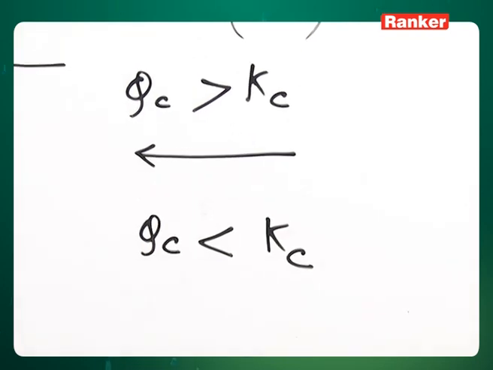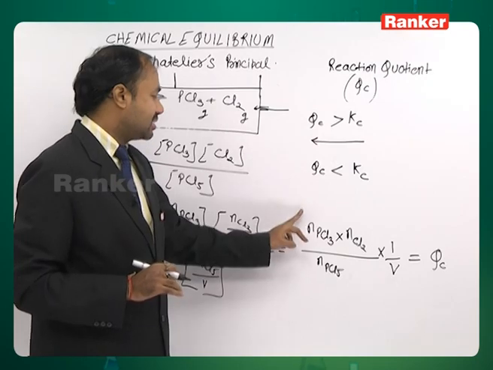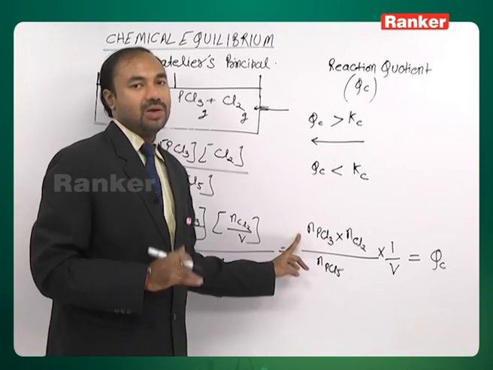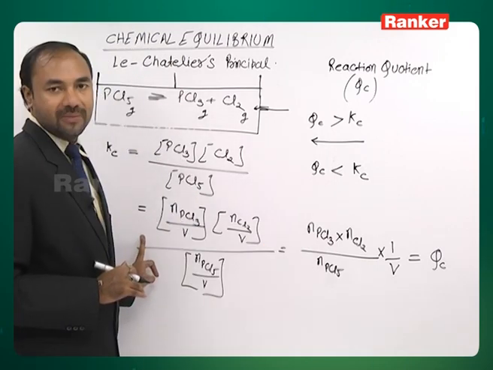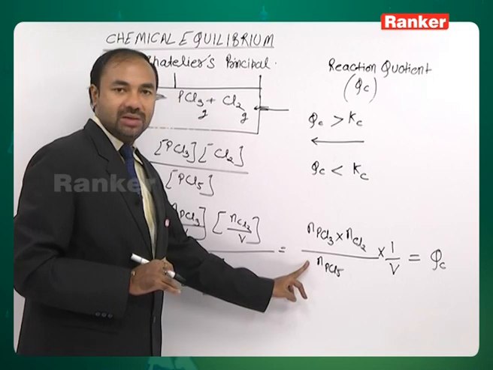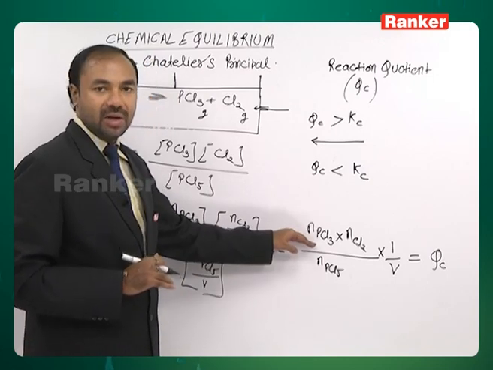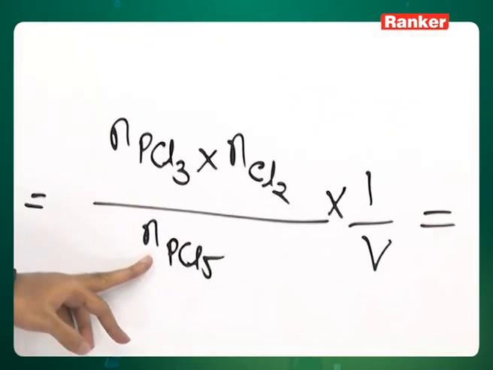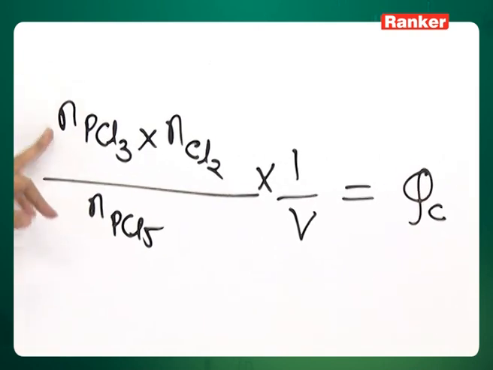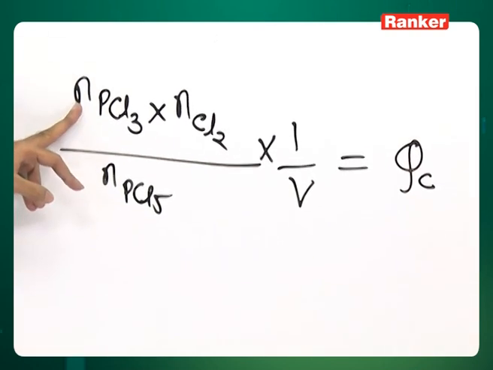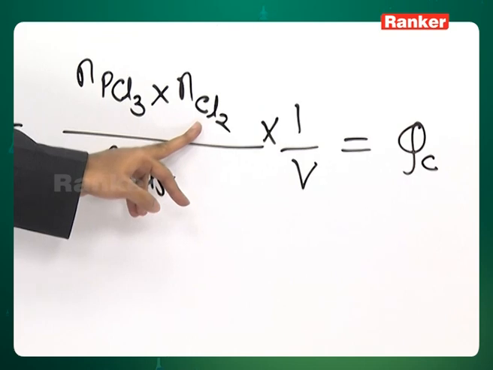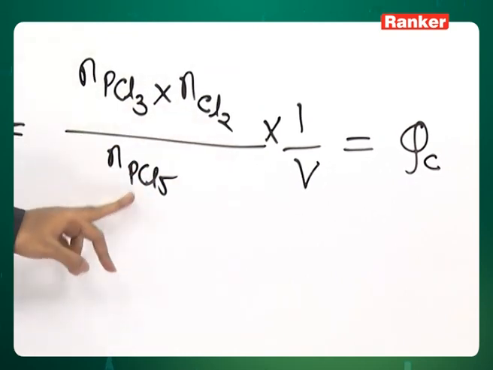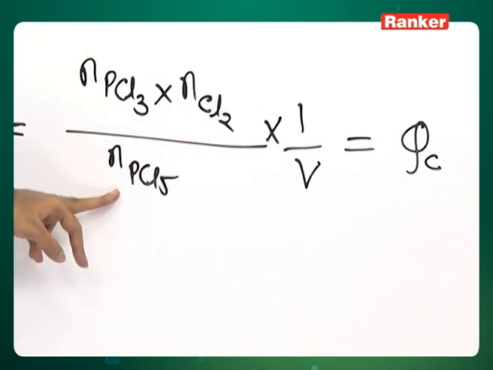Now, if the system has to come back to equilibrium, this ratio must become equal to Kc. And to make it equal to Kc, what should happen? The numerator should increase, the denominator should decrease. If the numerator has to increase, the number of moles of PCl3 and Cl2 should increase while PCl5 should decrease. And when will this happen?